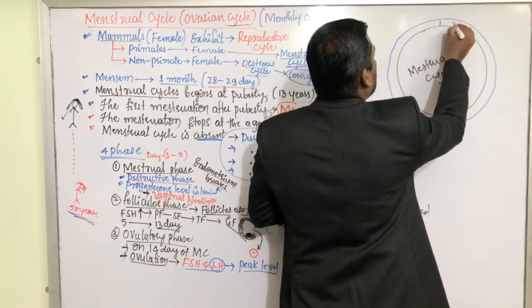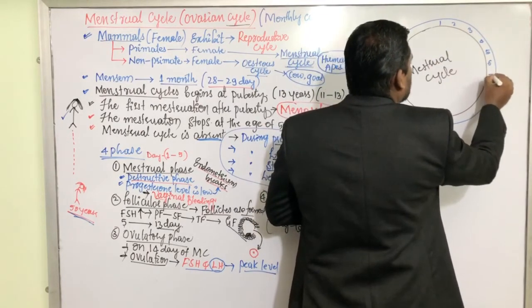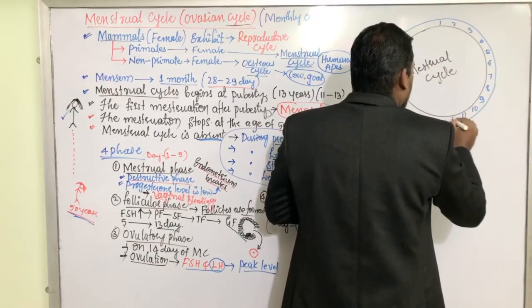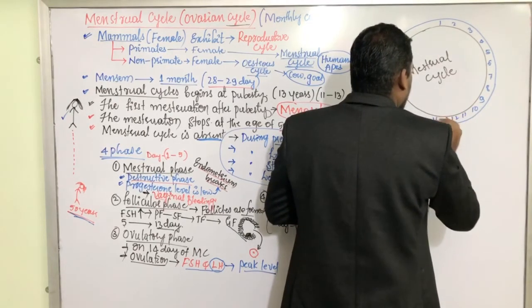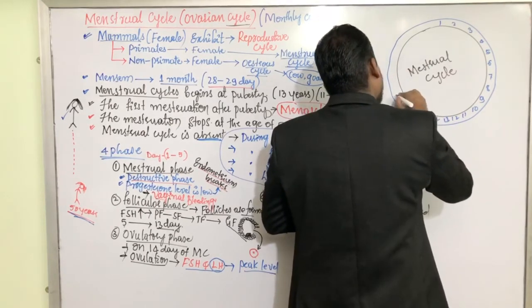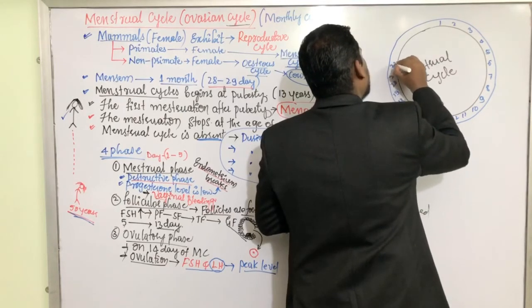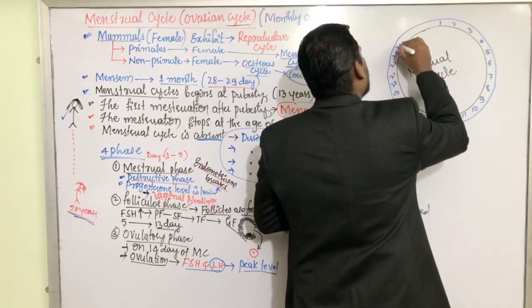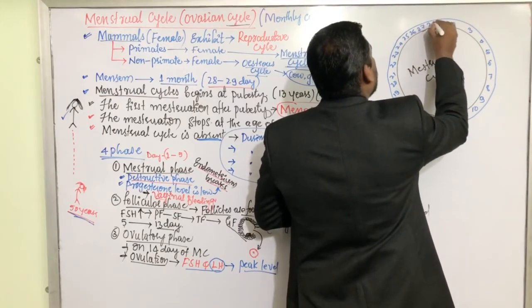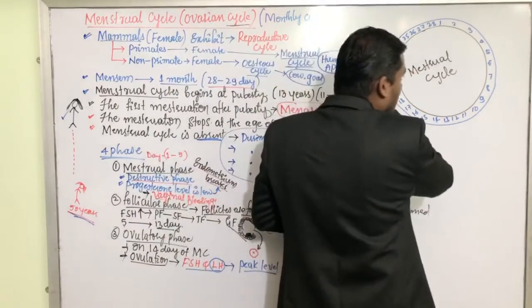It is day 1, 2, 3, up to 28. Okay? Consider this is a menstrual cycle.